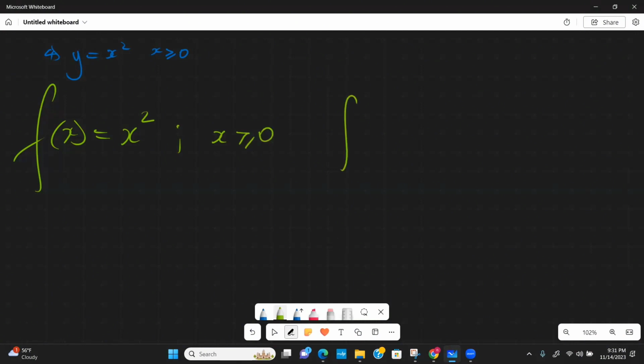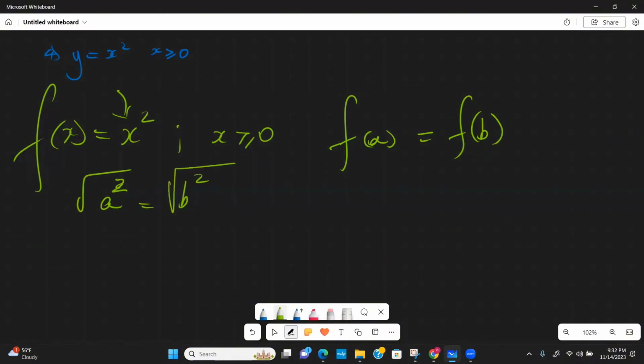So the premise on which we're going to embark is that f of a must equal f of b. So if f of a must equal f of b, then let us substitute a and b here. So this means a squared is equal to b squared.